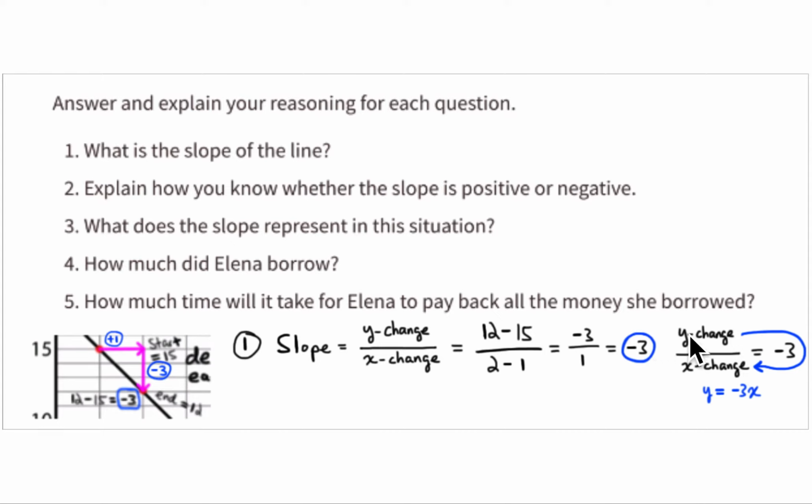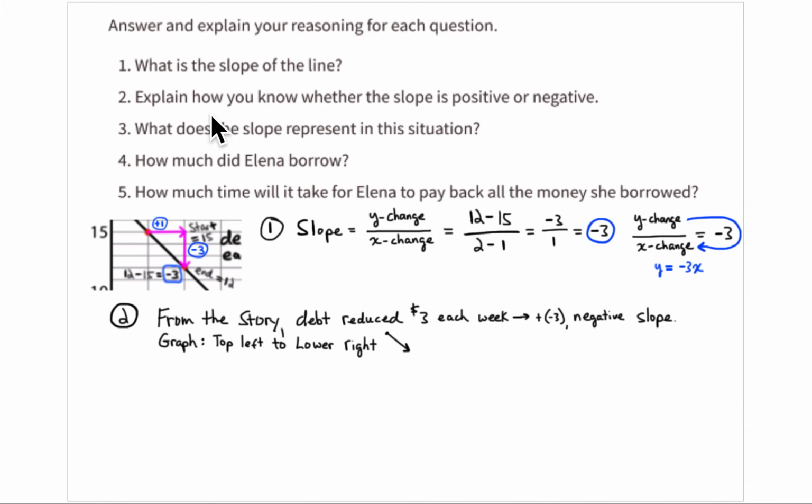And what that tells you is that the change along the y-axis is a negative 3 times the change along the x-axis. So the y value is negative 3 times the x value. So it's a negative 3 times the number of weeks. So each week gets multiplied by negative 3. So that is equal to y.